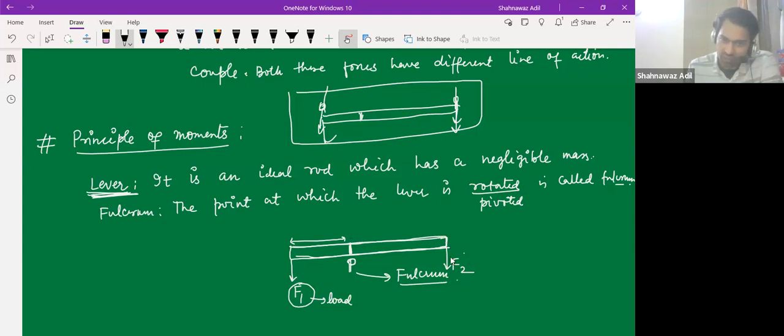So this F2 is called the effort. And this is the distance, let's say this is the load distance, D1, and this distance D2 is called the effort distance.